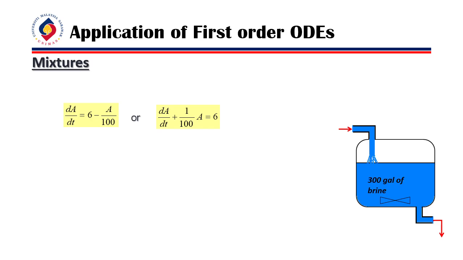Let's say time is equal to 3 hours, then you can solve it using this equation. I can say that this is the final answer for this type of question, the mixing problem.